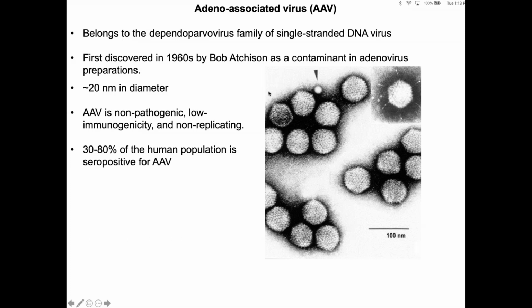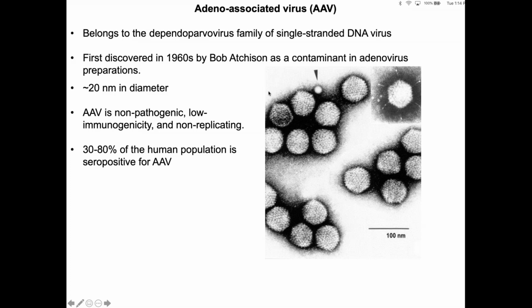In the human population, about 30 to 80% of people are seropositive for AAV, and this is really a double-edged sword. What this means is that the current AAVs that have been developed are easily transducible into humans because the human population has co-evolved with the class of AAVs that have been discovered.